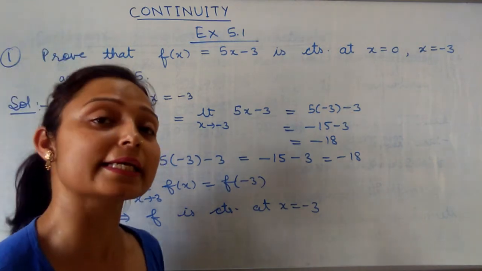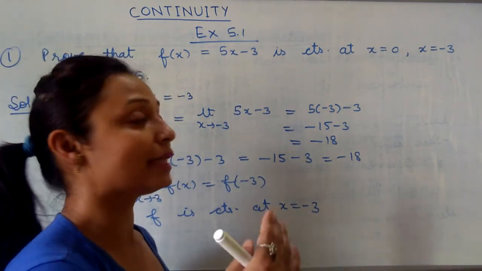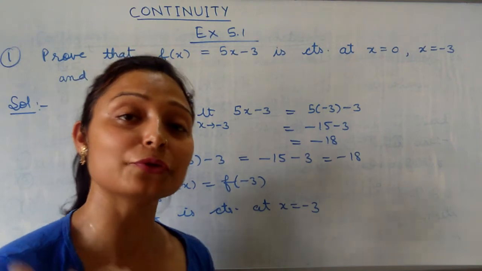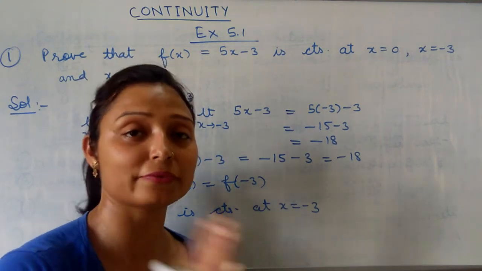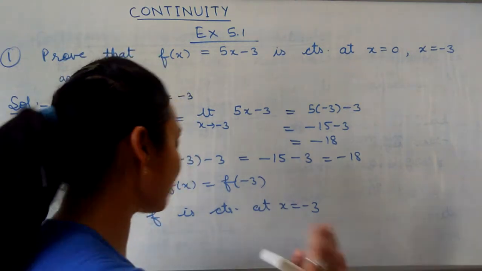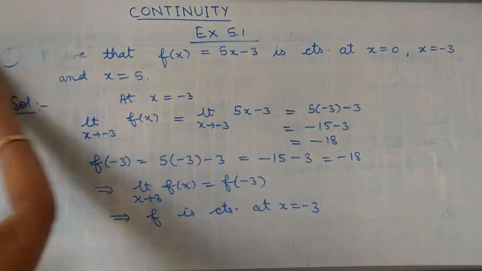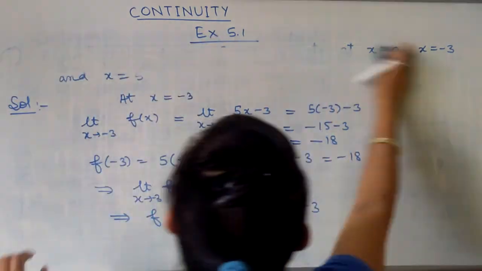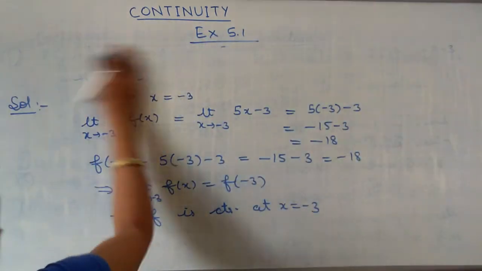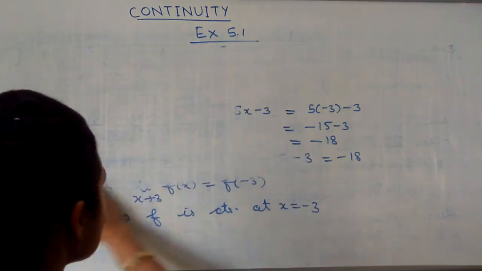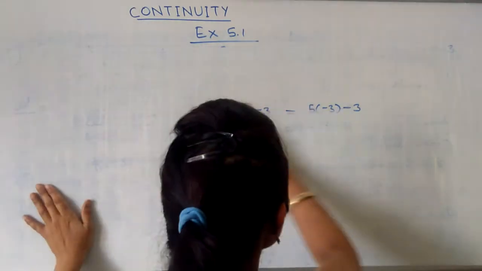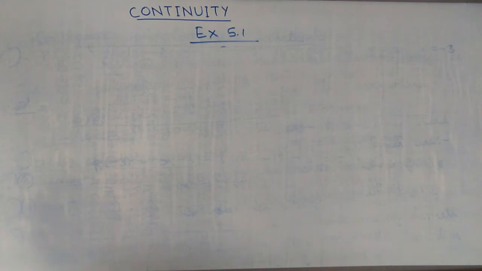Now I will write the second question for you so that you can understand where we have to use left hand limit and right hand limit. Okay, I will take the NCERT question to explain the second definition.